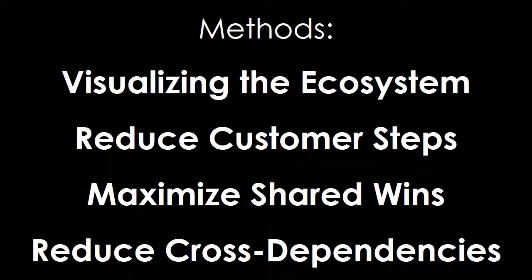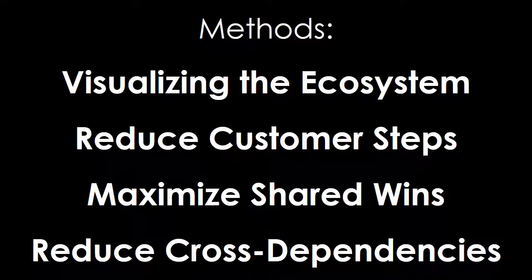Okay, and here are the methods. First, you visualize the ecosystem, and this table, or what I use, loyalty loops, is a way of visualizing the system. The second one is you reduce customer steps, and that benefits both the customer and the business. It gives customers an easier experience, and it gives the business a higher conversion. Maximize shared wins: you direct experiences towards areas that provide more value to the customer and also more value to the business.